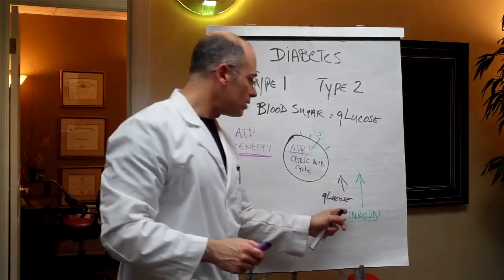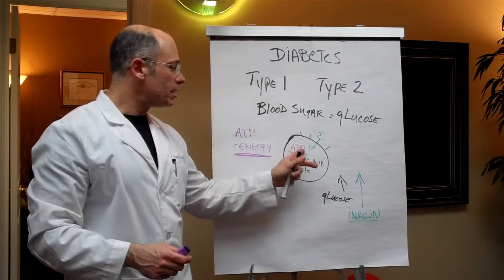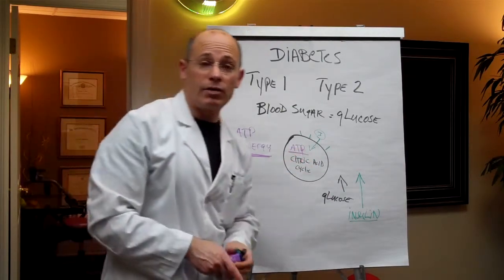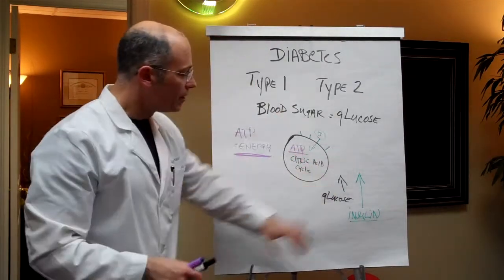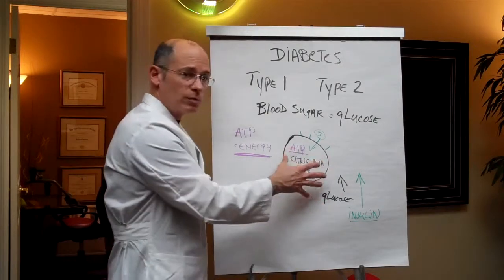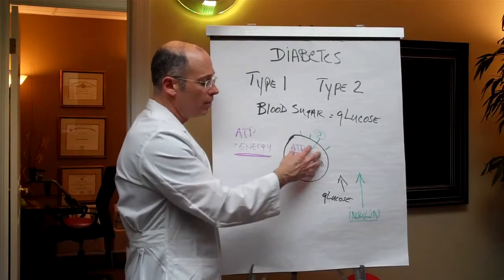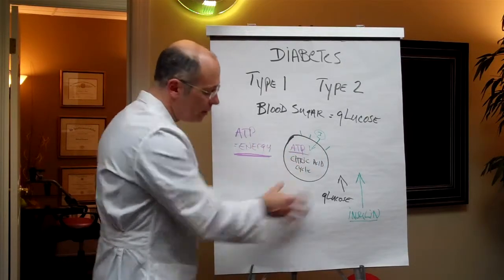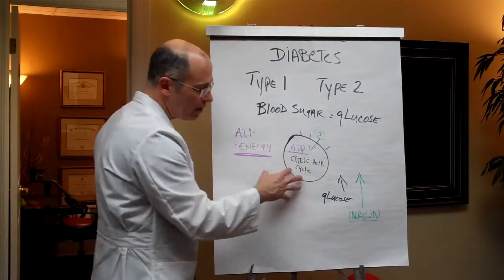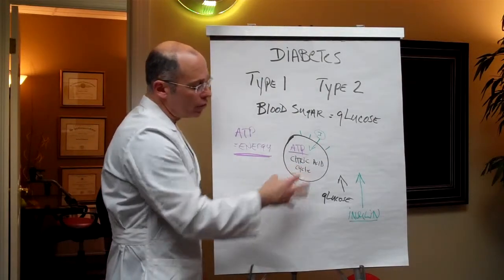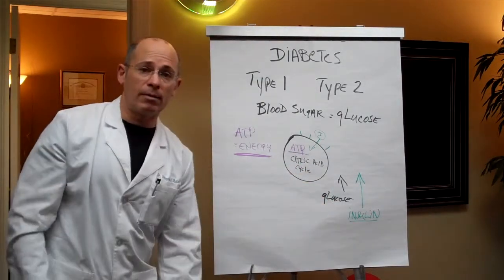So the end product of glucose metabolism is to produce ATP, which is an energy molecule. So as you can see, the very essence is that glucose needs to be transported into the cell. Inside the cell it is converted through the citric acid cycle to form the ATP energy molecule. And then the byproduct is going to be some toxic free radicals that are produced, that hopefully are neutralized and then exported out of the body.